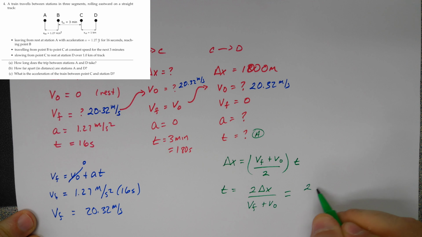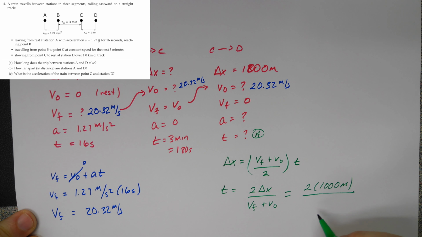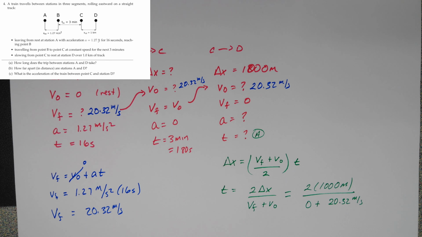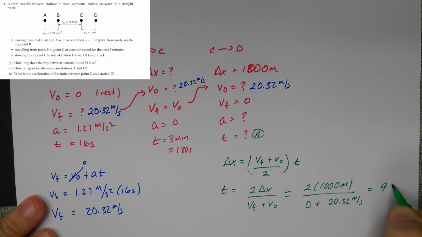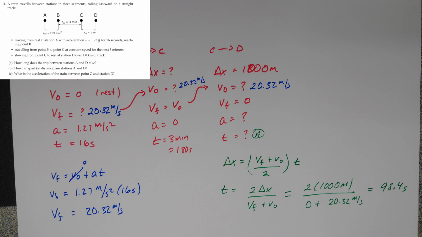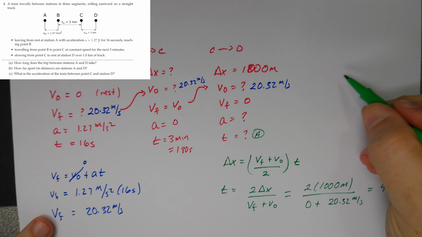We'll have 2 times 1,000 meters, and we'll divide by v final, which is 0 plus 20.32 meters per second. So we plug this into our calculator. I get this time should be 98.4 seconds.